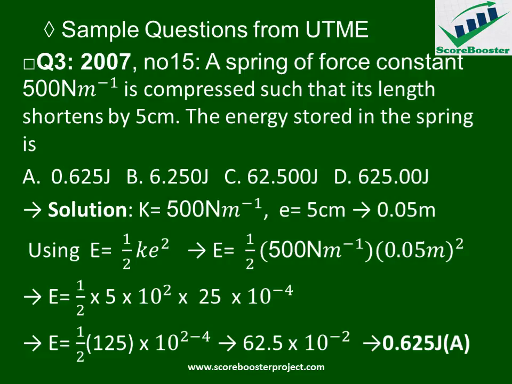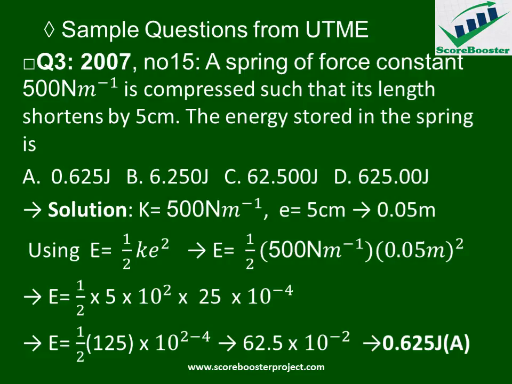Now that will lead us to E equals half into 500 Newton per meter can be expressed as 5 times 10 raised to power 2 when you take it to standard form, then times 0.05 can be expressed as 5 times 10 raised to power minus 2. But because of the square we are having here, 5 times 10 raised to power minus 2 will now lead us to 25 times 10 raised to power minus 4. I mean 5 square is 25, then 10 raised to power minus 2 square will give us 10 raised to power minus 4.